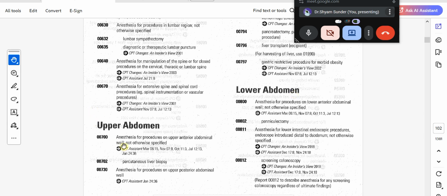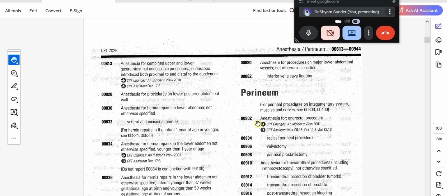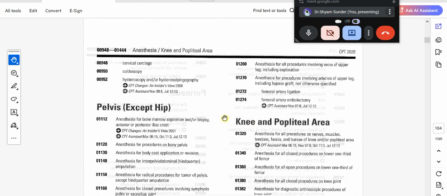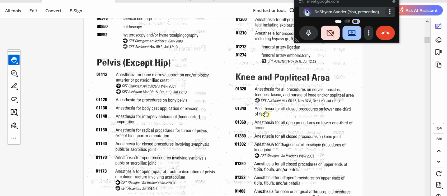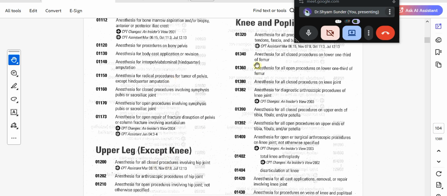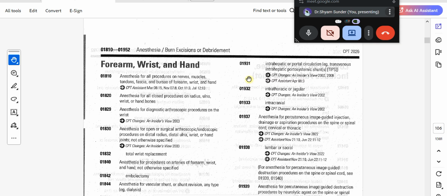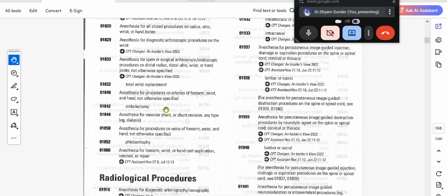Upper abdomen, for example, liver, stomach; lower abdomen, appendix. So these are the different organs. Perineum, pelvis, and legs, upper leg, lower leg, upper arm, and forearm, wrist, hand. These are the surgeries where surgery is done.